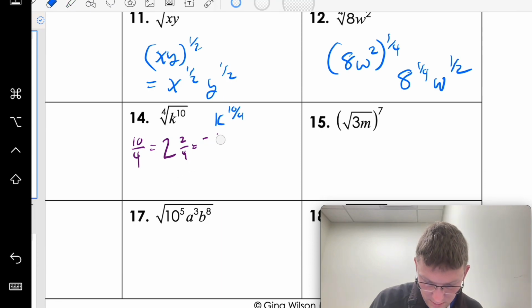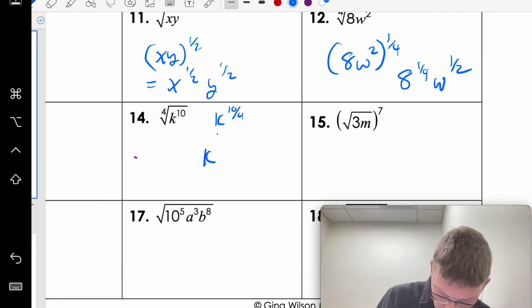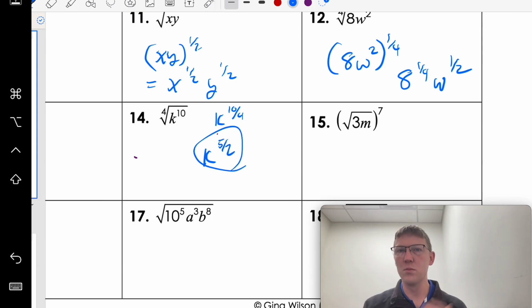But it's a good learning moment. So all we have to do is reduce that fraction. So our final answer is going to be k to the 5 over 2. So again, going into the exponential form is super helpful to do some of this math, because that fractional math that we love so much can help us out.